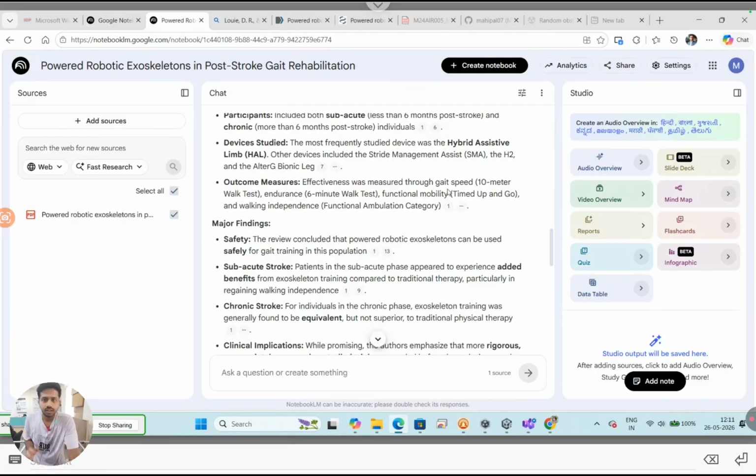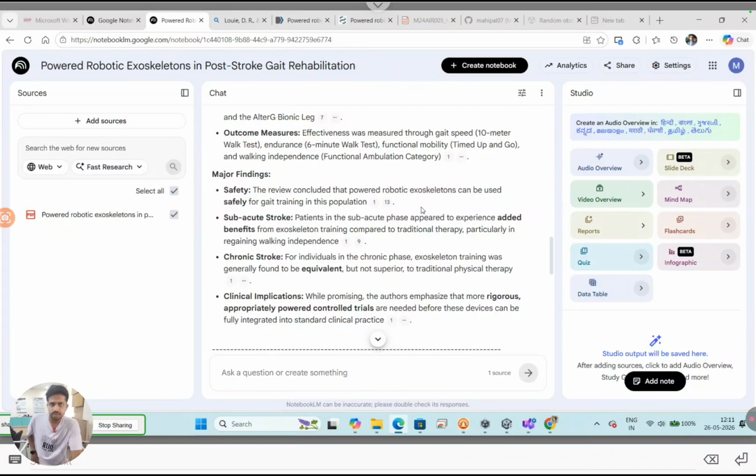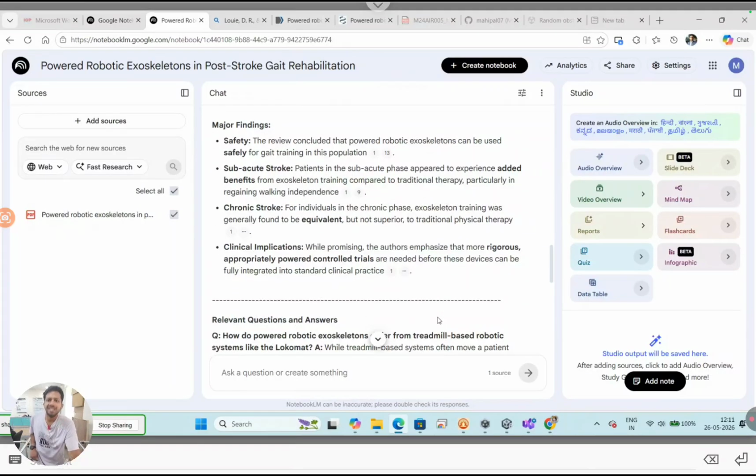Other devices include the Stride Management Assist, SMA, the ReWalk, and the Ekso bionic leg. Outcome measures. Effectiveness was measured through gait speed, the 10-meter walk test, and endurance, the 6-minute walk test. These measured gait speed and endurance, and functional mobility, Timed Up and Go, and walking independence, the Functional Ambulation Category.